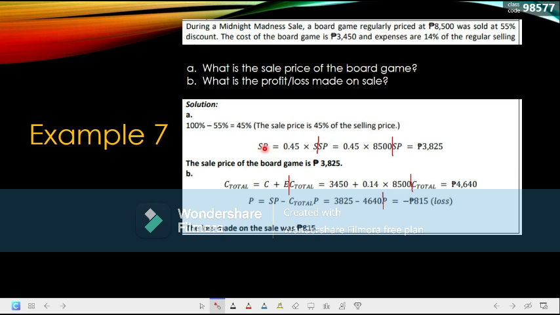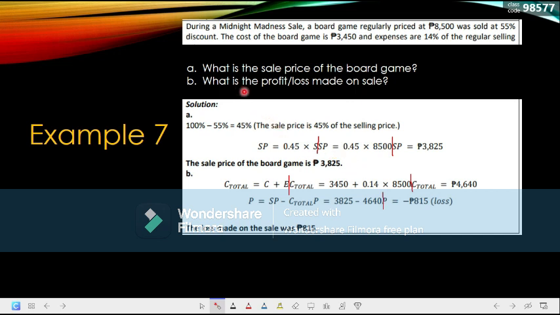So the sale price is equal to 0.45 times the regular selling price. Therefore, the sale price is 0.45 times 8,500. The sale price would be 3,825. So the sale price of the board game is 3,825.